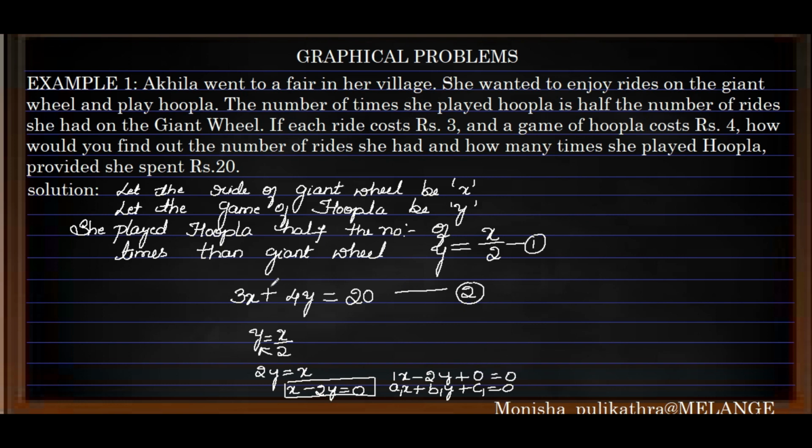The second equation is of the form a2x plus b2y plus c2 is equal to 0. Next, we need to compare the ratios: a1 by a2 is equal to b1 by b2 is equal to c1 by c2. So here, what is a1?